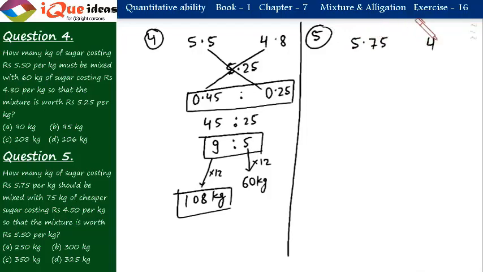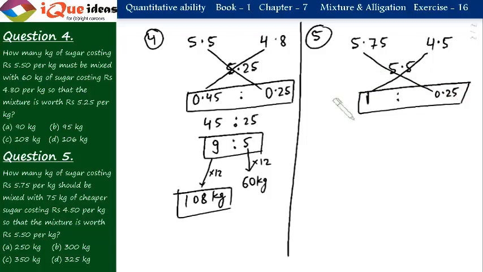So 5.75 and the other one is 4.5, and the average worth is 5.5. So the difference of 5.75 and 5.5 is 0.25, and the difference of 4.5 and 5.5 is 1. So it is 1 is to 0.25, which is 100 is to 25, which is 4 is to 1.